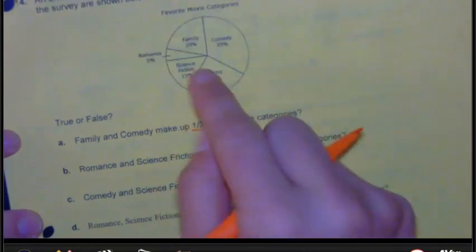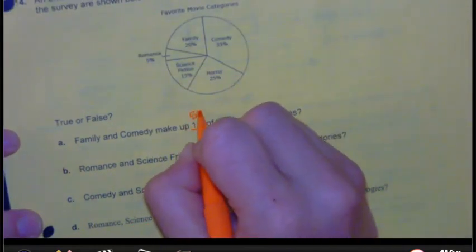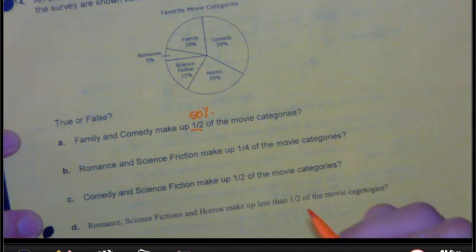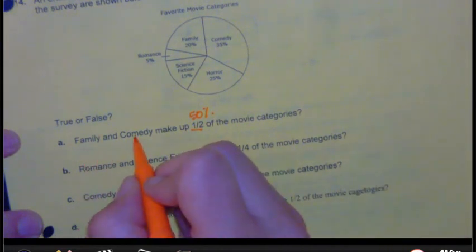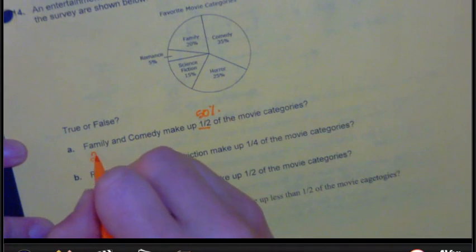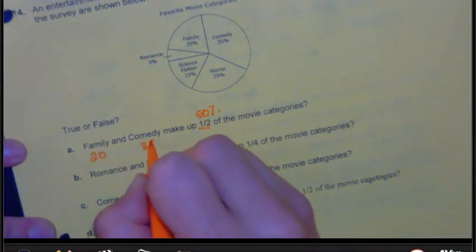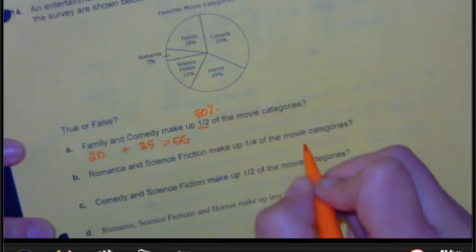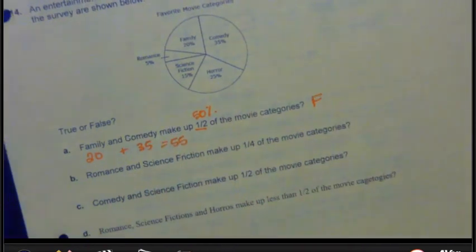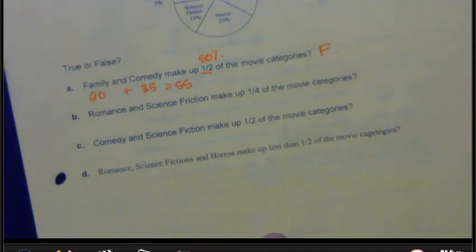If I'm looking at percentages, I know that 1/2 is 50%. So do family and comedy make up 50? Family is 20, comedy is 35. 20 plus 35 is 55. Is this exactly half? No, it's more than half.